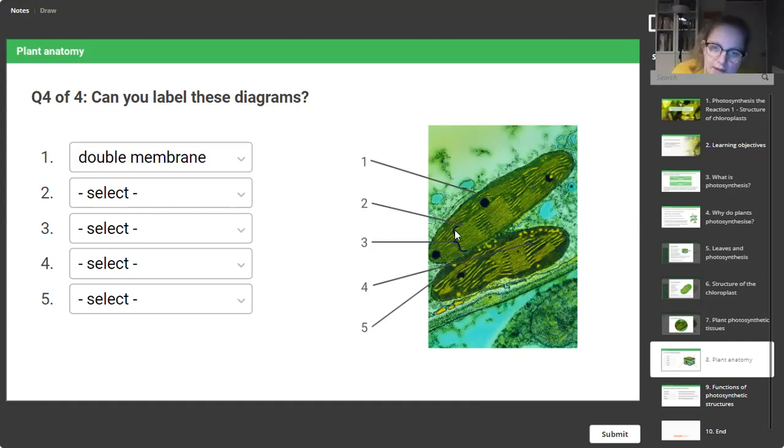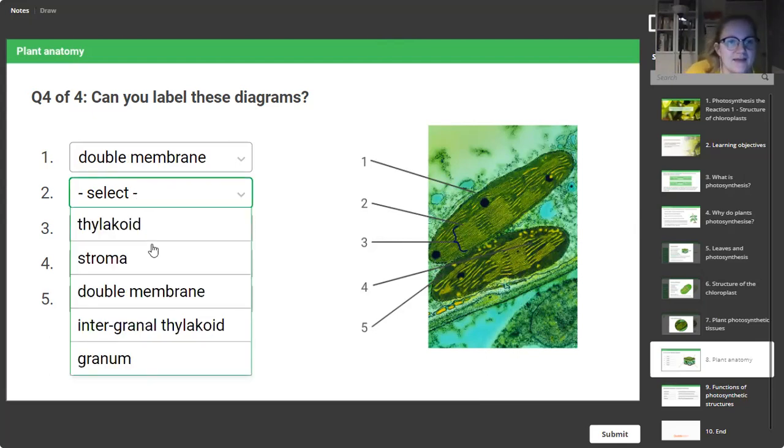2 is pointing here, and I'm going to just draw this on because actually this isn't really very clear. So 2 is pointing at one individual thylakoid up here. So 2 is a thylakoid.